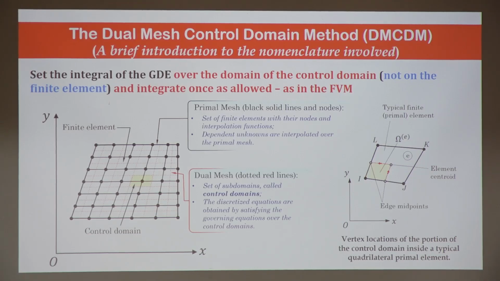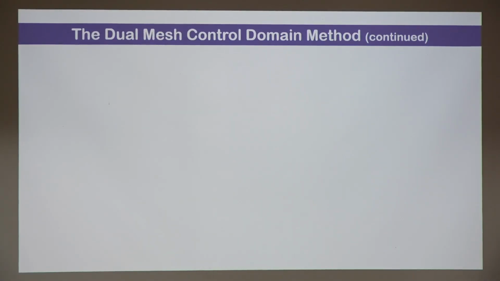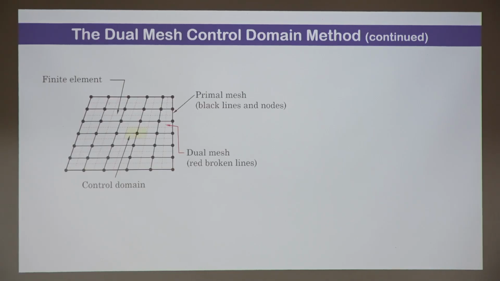Okay? And second, since they are interpolation functions, I can evaluate integrals. But now, because I'm using the finite volume concept, I evaluate integrals only in 1D for a 2D problem, because it's only on the boundary of the control domain.